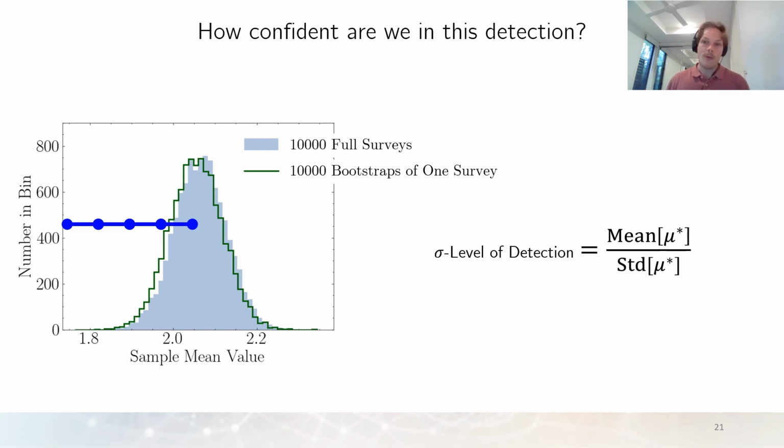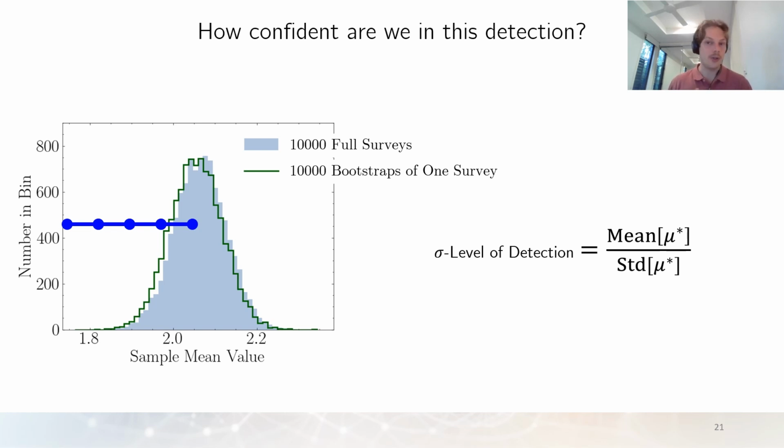So then how confident are we in this detection? How can we assign a number to how confident we are that the true mean of the universe, of all of these surveys of the universe, will come out to be greater than 0? The way we can do that is by taking the sigma level of detection, which we've defined as the mean of the bootstrap distribution divided by the standard deviation of the bootstrap distribution.